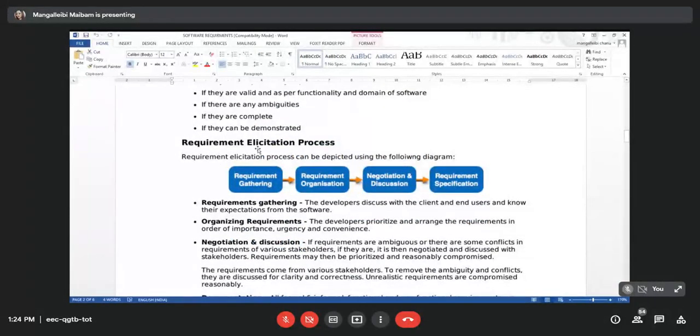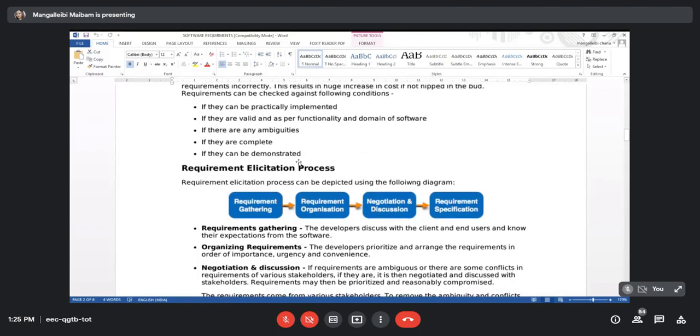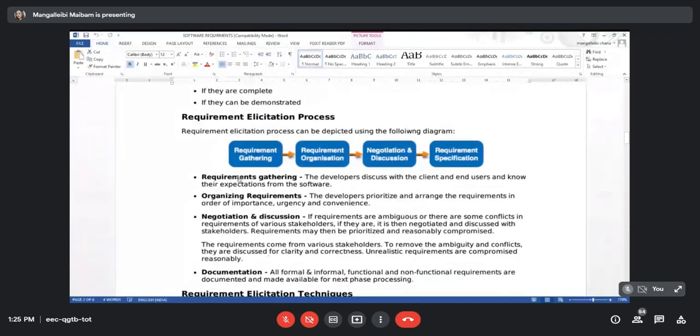Okay, requirement elicitation process. So this is another step for software requirements. So in this requirement elicitation process, we have requirement gathering, we have requirement organization, we have negotiation, we have requirement specification. So just go through the notes which I have given.